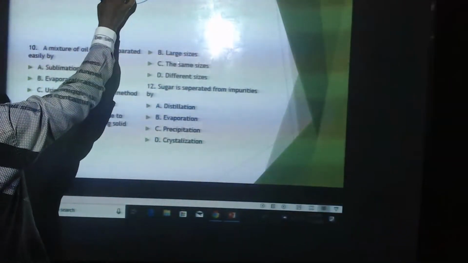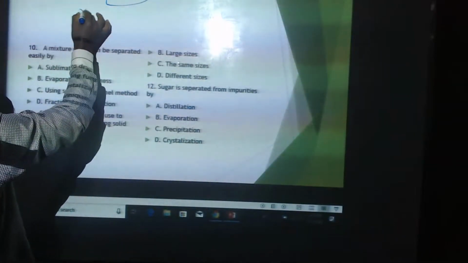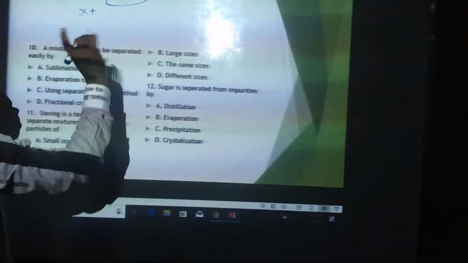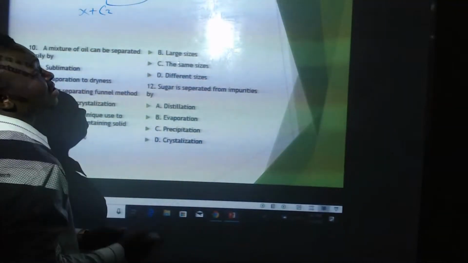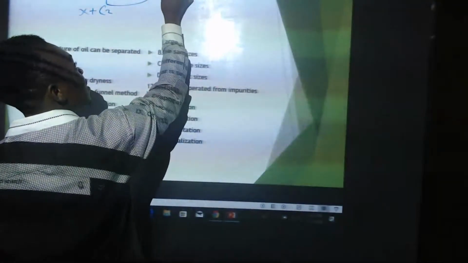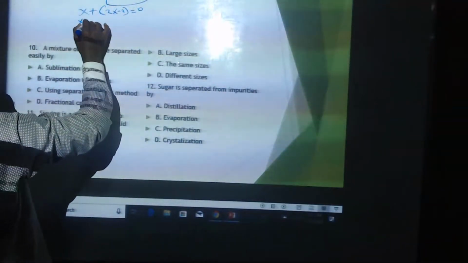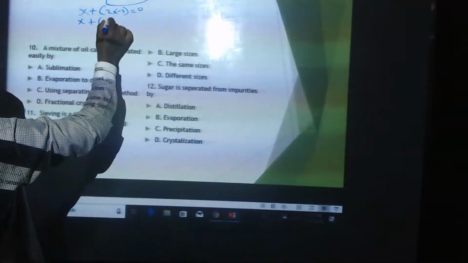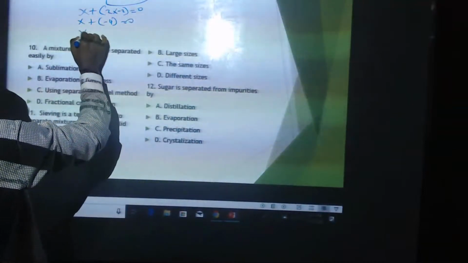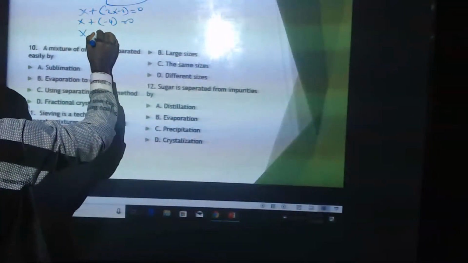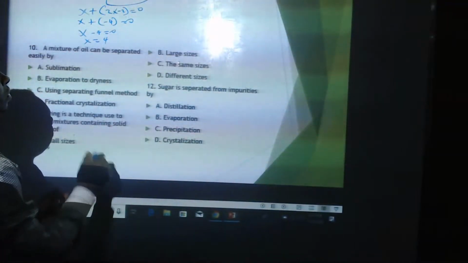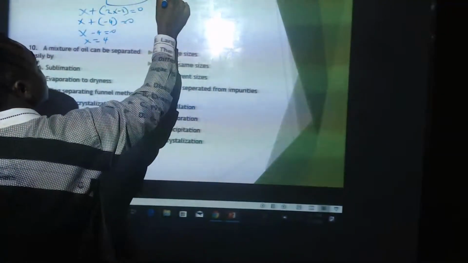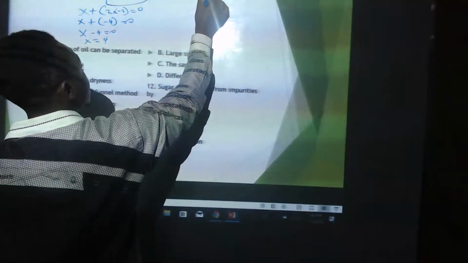The carbon is what you're looking for, so that stands as your X. Remember I told you that oxygen always has minus 2, and the whole compound is zero. So this becomes X plus 2 times minus 2 equals 0, so X minus 4 equals 0, and X is equal to 4. That's why I call this carbon 4 oxide.